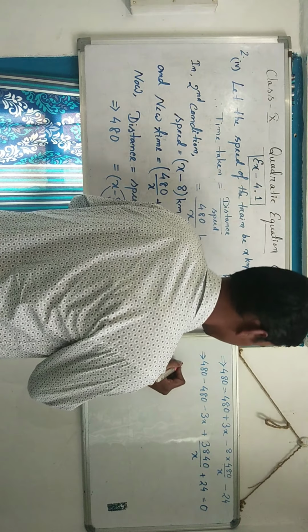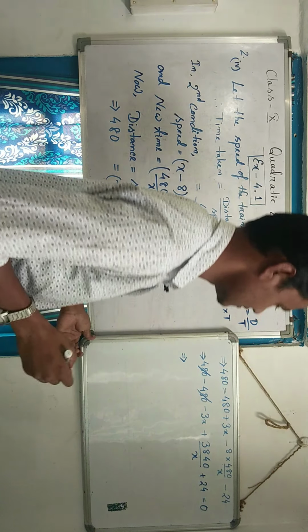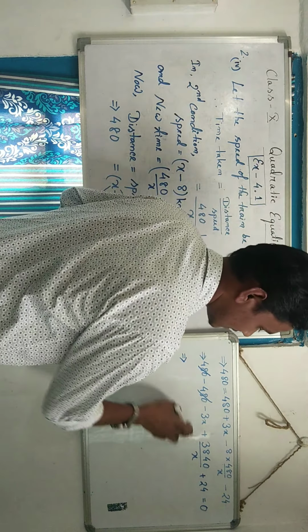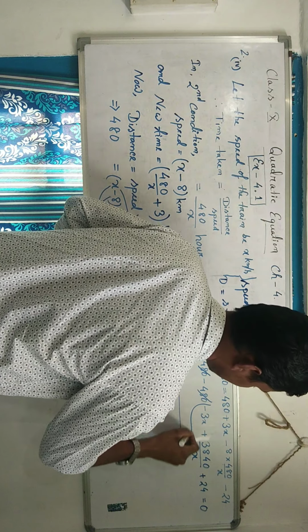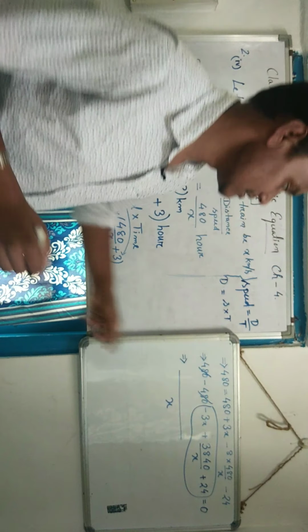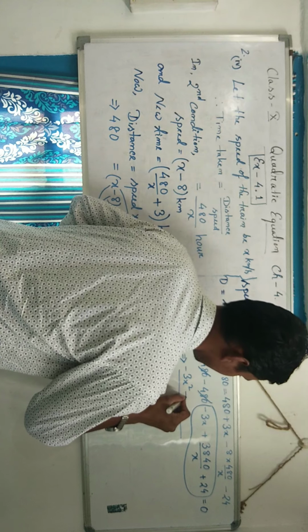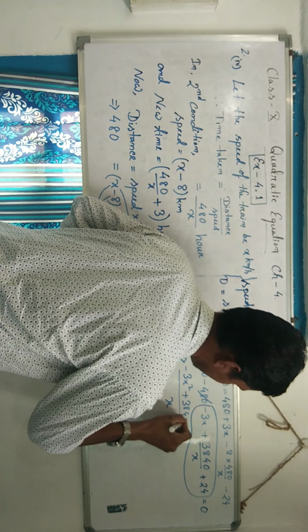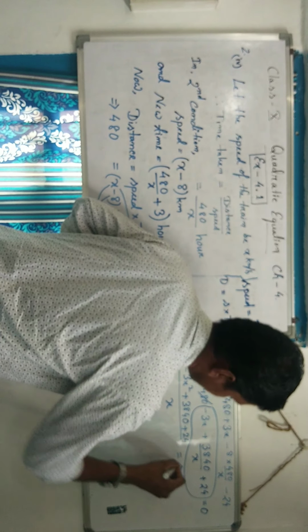So this implies this 480 and this 480 will get cancelled. Next I can take x as LCM. After taking x LCM, it will be minus 3x square plus 3840 plus 24x equal to 0.